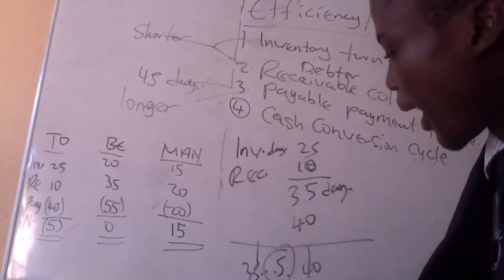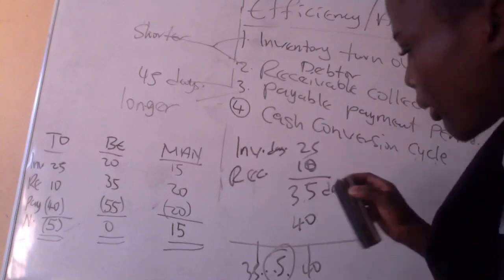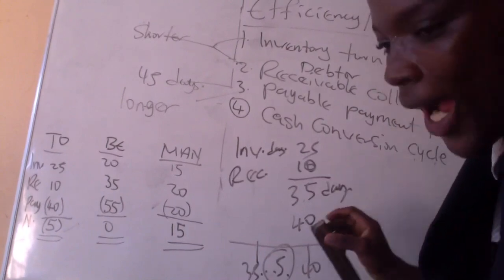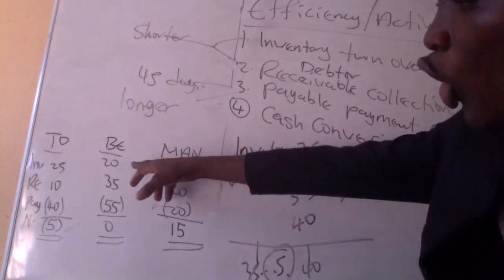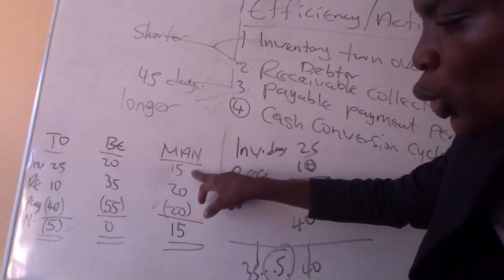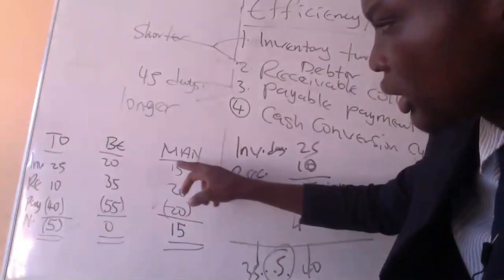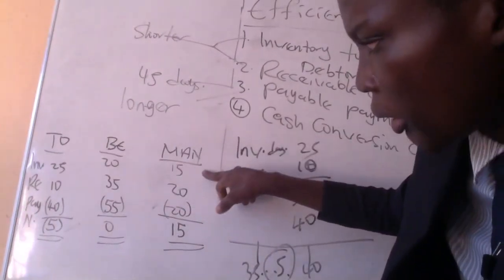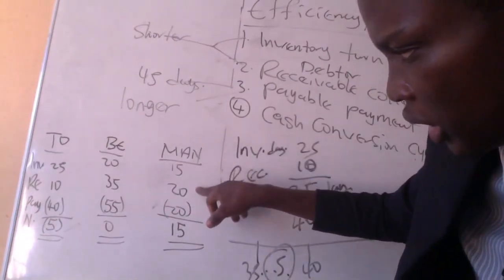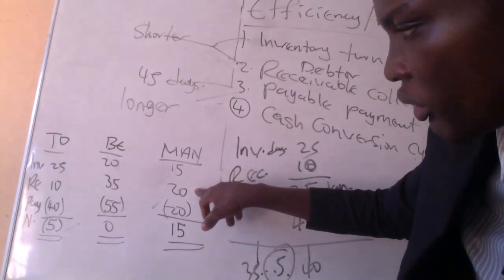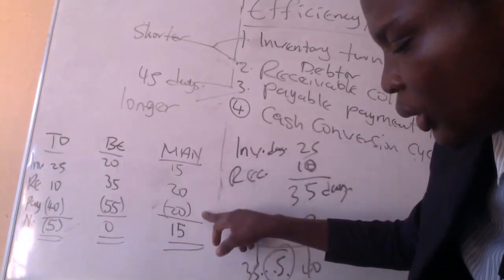Now let's take Man. Man is the worst performing among these 3 companies. Why? Though it takes Man 15 days to sell the goods, see, this one is 20 days, this one 25, so in inventory turnover, Man is doing all right. In fact, he also did better in the receivable than these. And here too, good.